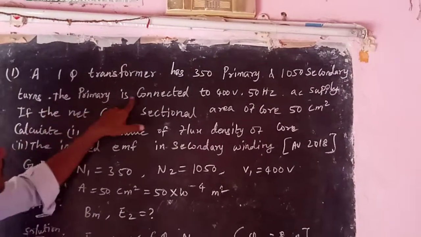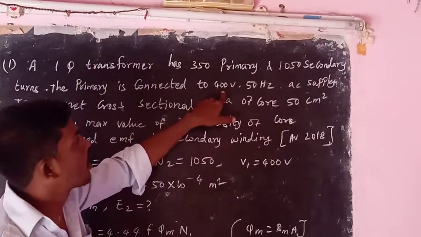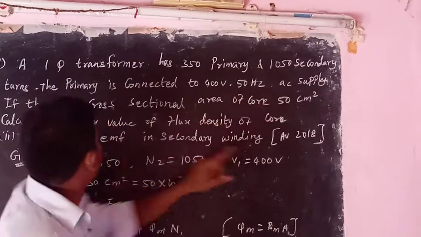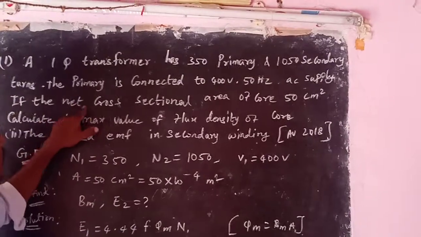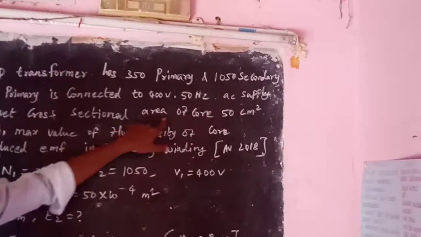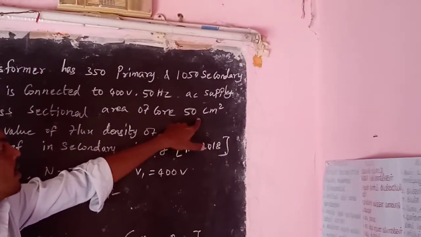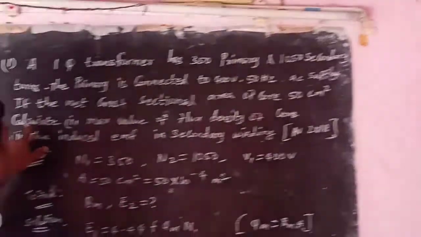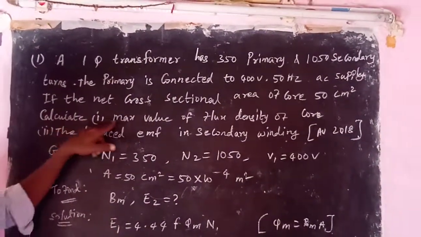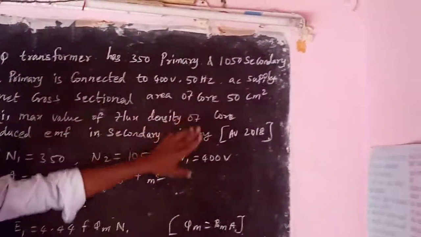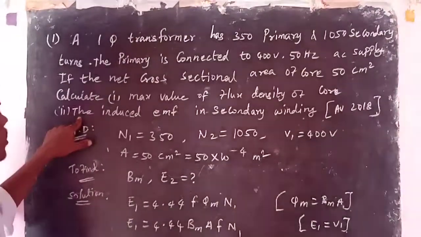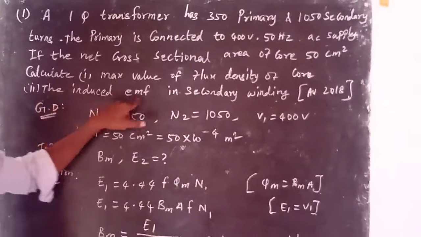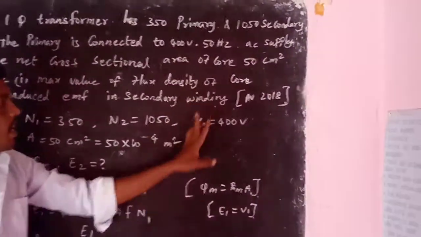The primary is connected to a 400 volt, 50 Hz AC supply. If the net cross-sectional area of the core is 50 centimeter square, calculate first the maximum value of flux density in the core, and second the induced EMF in the secondary winding.